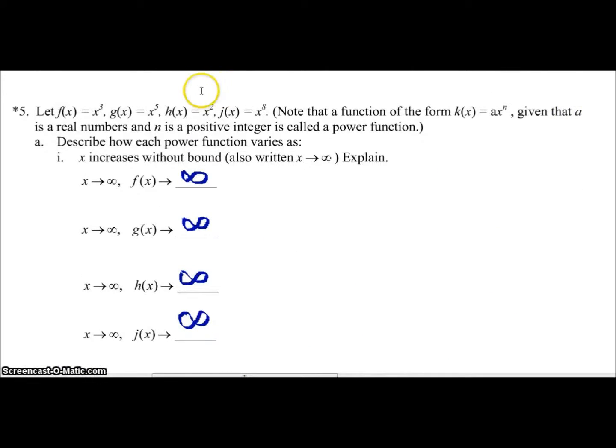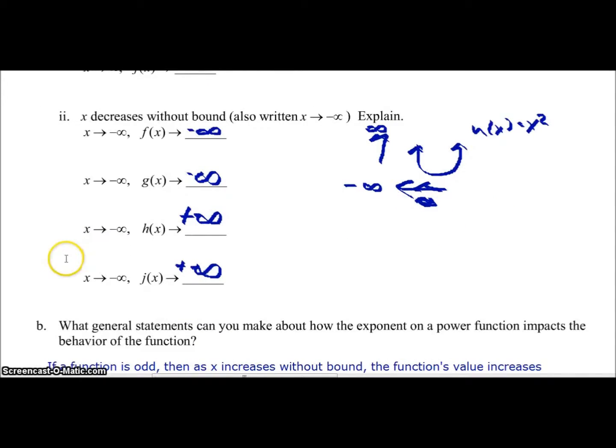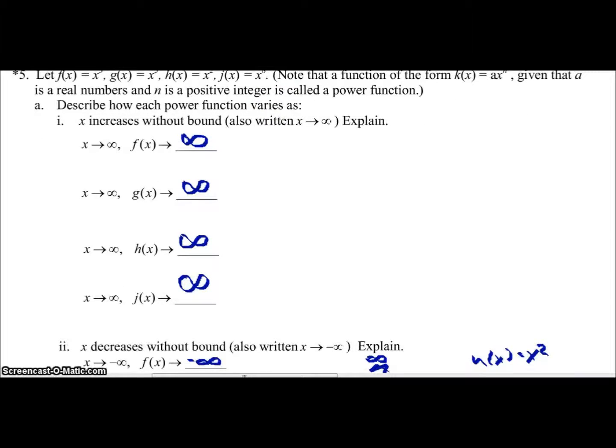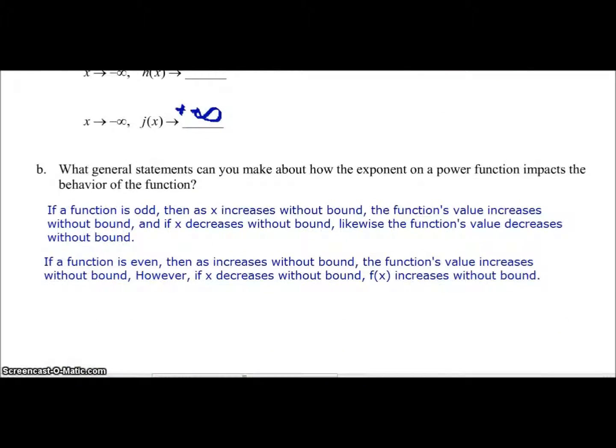So with x squared and x to the 8th, as x goes to infinity, they both went to infinity, but as x went to negative infinity, they each went to positive infinity because their shape will be more like this. Now note all of these examples had positive leading coefficients, positive 1. If we had negative leading coefficients, we get a little bit different results.